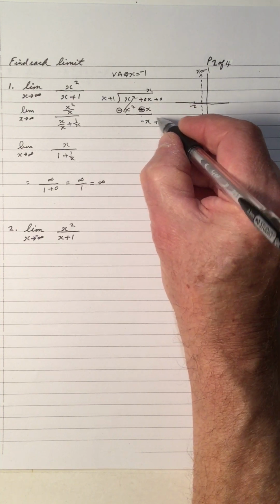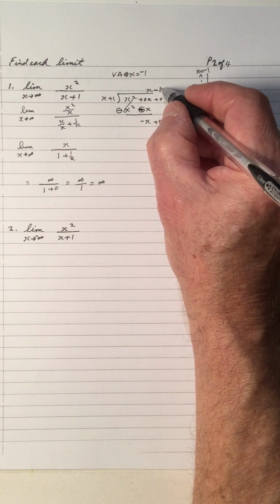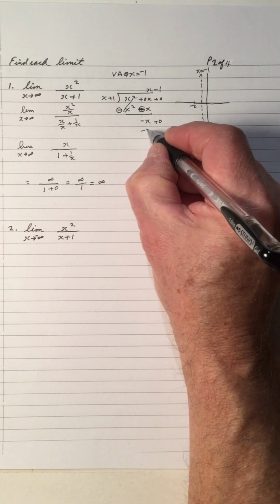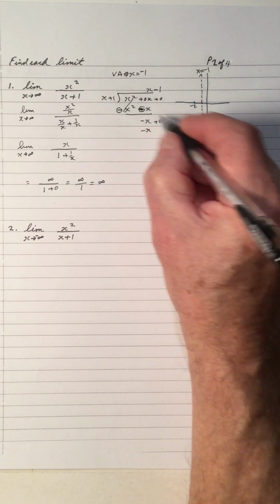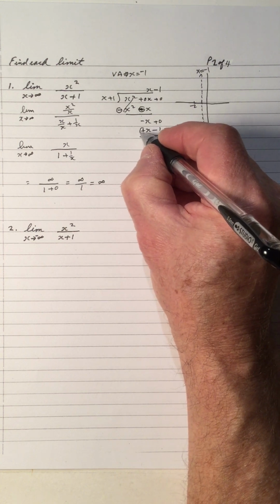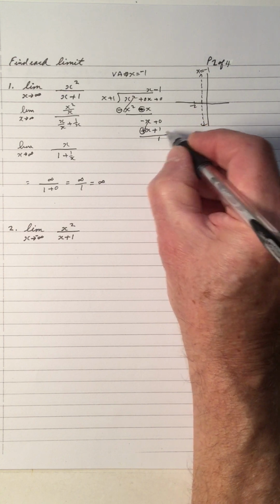Bring down the 0. x into negative x is negative 1. So negative 1 times x is negative x. Negative 1 times positive 1 is negative 1. Subtract, that becomes a plus, so that cancels, and that gives us 1.